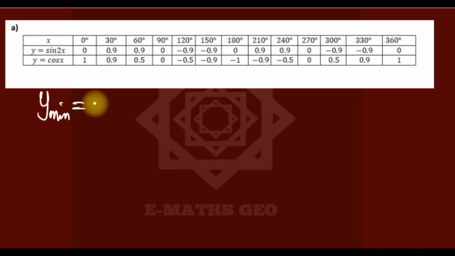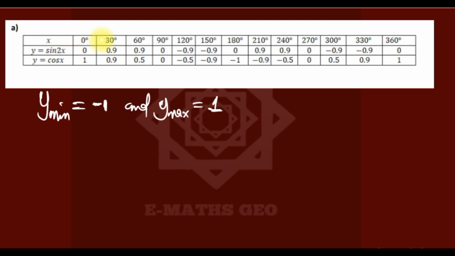From the table, the minimum is -1 and y maximum is 1. So our graph will not exceed -1 and 1. The maximum is 1 for the y-axis and the minimum is -1.